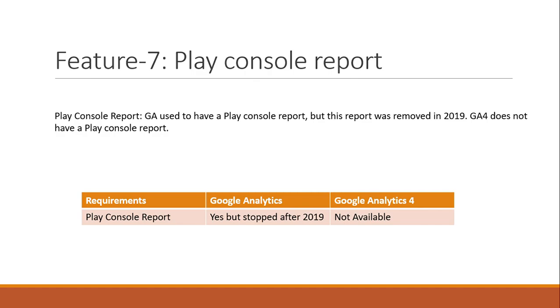Feature 7 is something like the Play Console report, where they are providing an option to add this as a feature. Previously it was available in UA, but it is not available right now, though there is a possibility to see similar data in terms of crashes and exceptions for any kind of Play Store data, or installs and uninstalls.